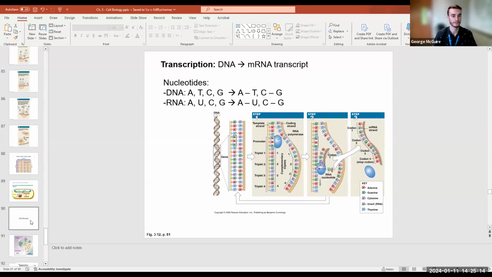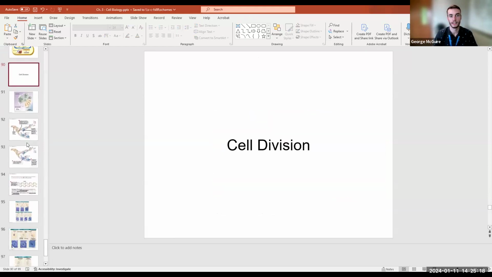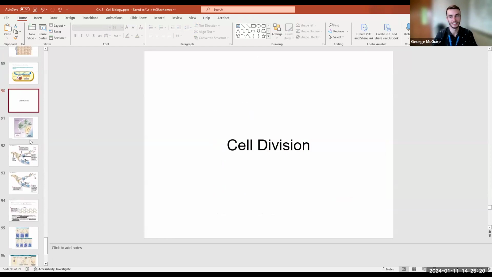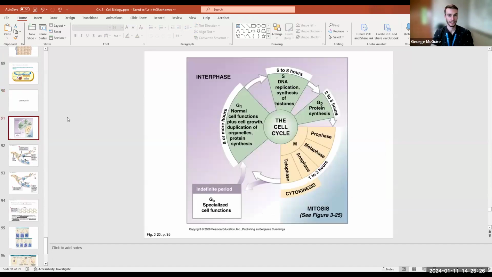All right. So our last function to talk about here is cell division or cell replication. So making two cells out of one. And so cell replication is through the process of what is referred to as the cell cycle.